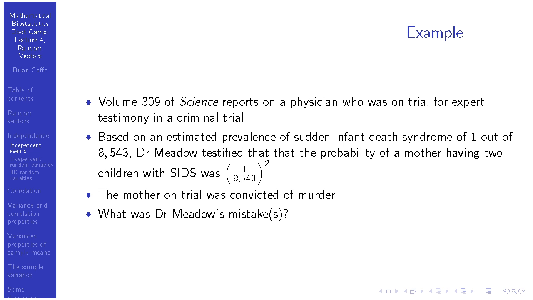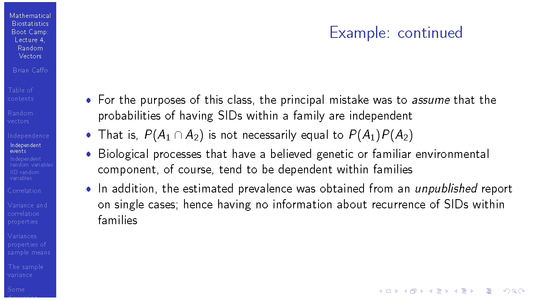So what was this physician's mistake in this case? For the purpose of this class, there's actually quite a bit of discussion you could have over ethics, probability, evidence, and culpability based on this case. There's quite a collection of complicated issues that intersect when you're discussing a case like this.